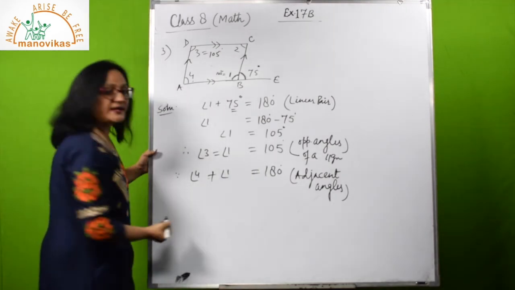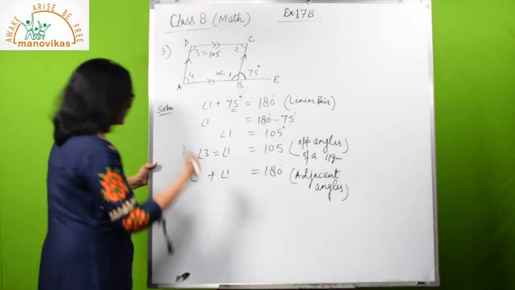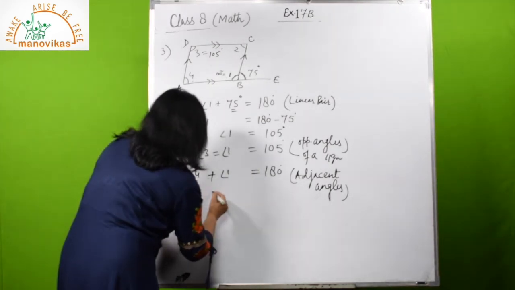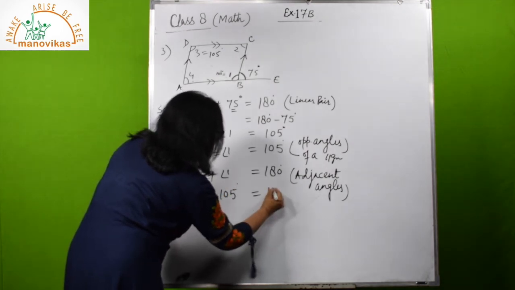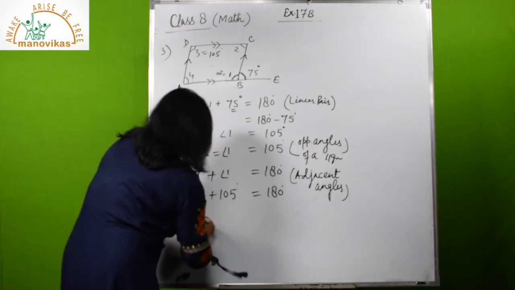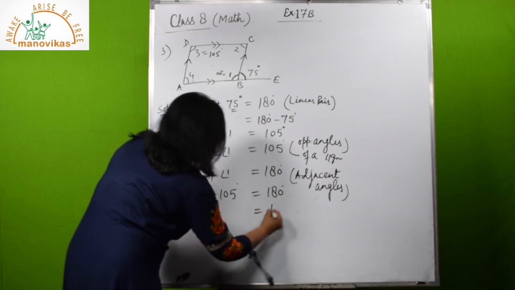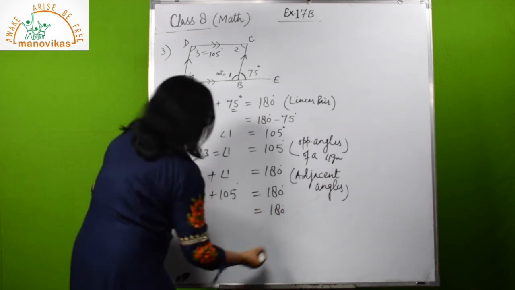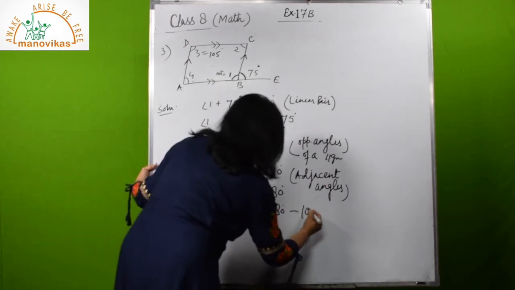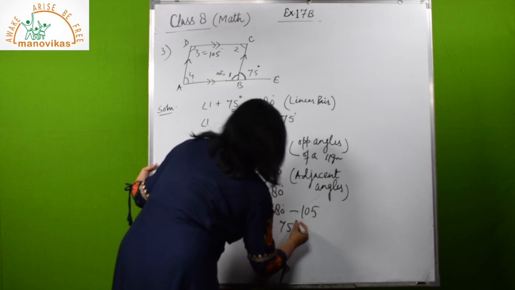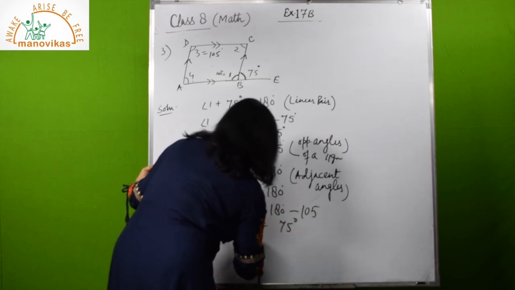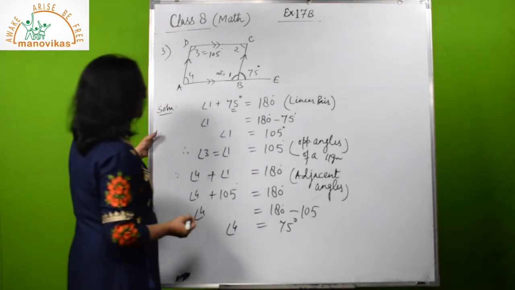Now because angle 1 is equal to 105, substitute the value here. Angle 4 plus 105 is equal to 180 degrees. So this way angle 4 is equal to 180 degrees minus 105, and that is equal to 75 degrees. So we got angle 4 is equal to 75 degrees.